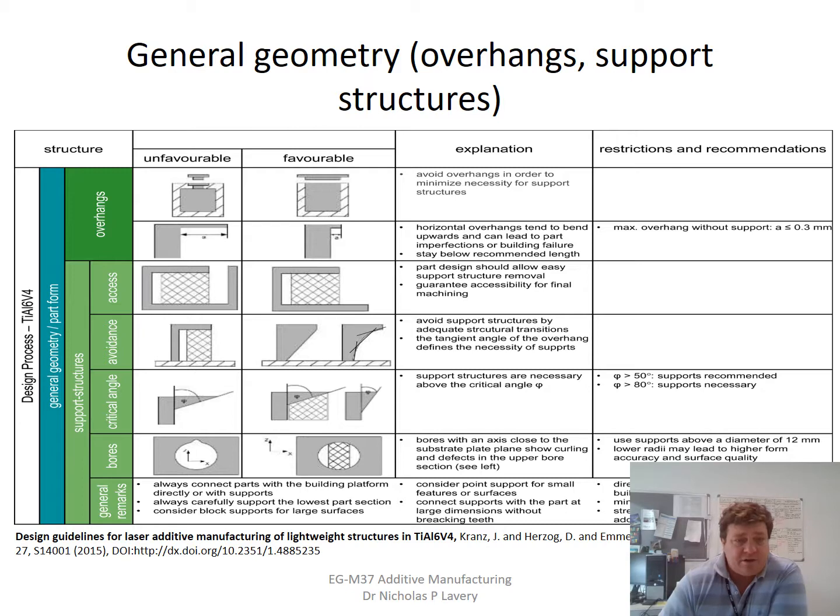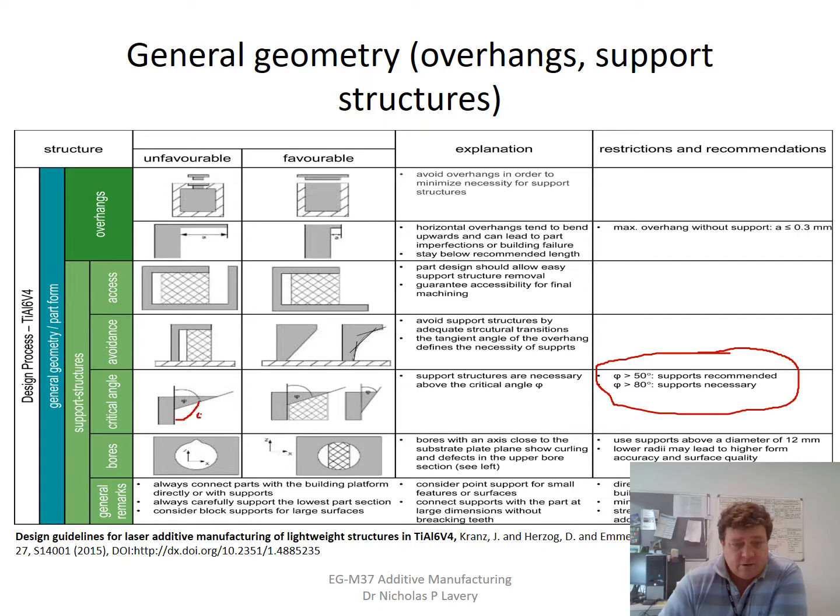Overhangs need to be supported, so the consideration of the support structure is important. We've talked about the support structures within holes. Overhangs over 45 or 50 degrees need support. So this critical angle for these particular machines is 50 degrees measured from the vertical, which means that they can go down as low as 40 degrees from the horizontal.